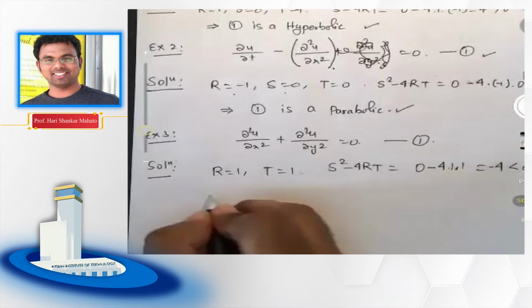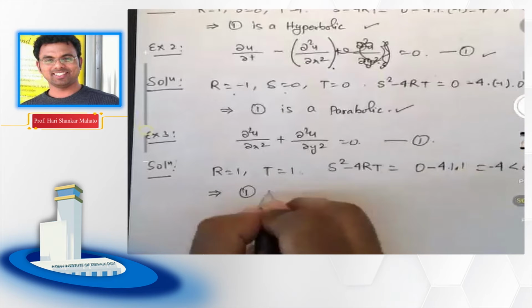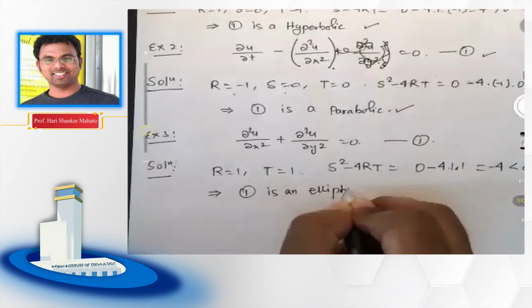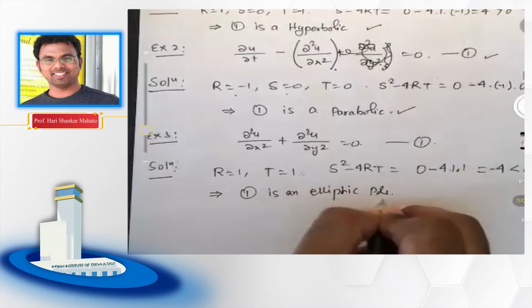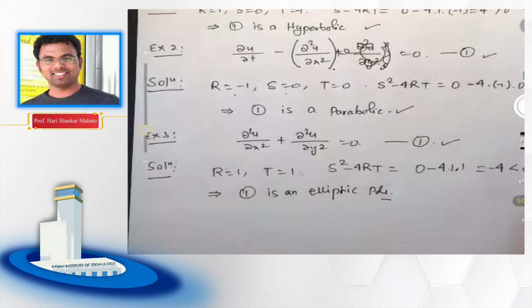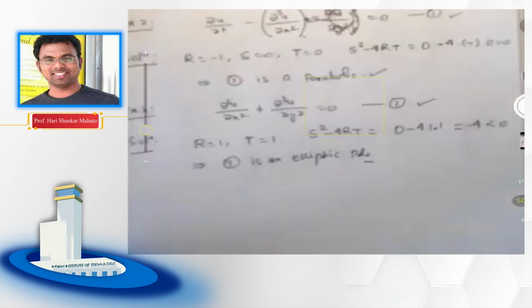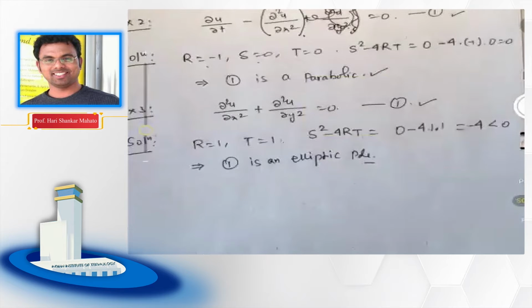And this implies it is an elliptic PDE. So this equation, the Laplace equation, is an elliptic PDE. So the wave equation is a hyperbolic PDE, the heat equation is a parabolic PDE, and the Laplace equation is an elliptic PDE. Keep in mind.